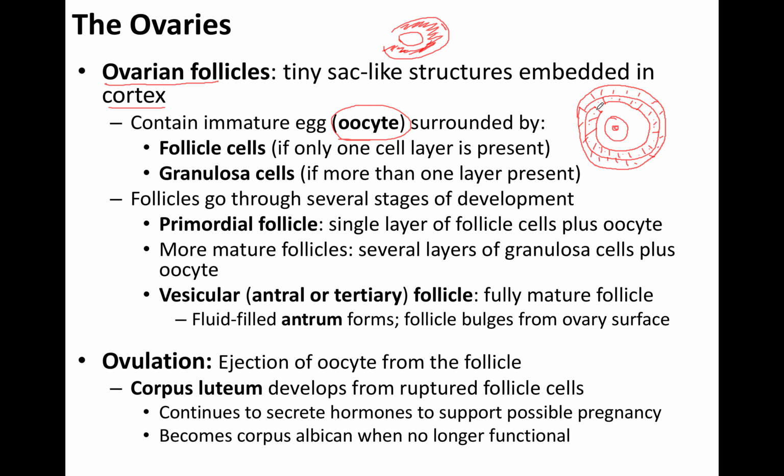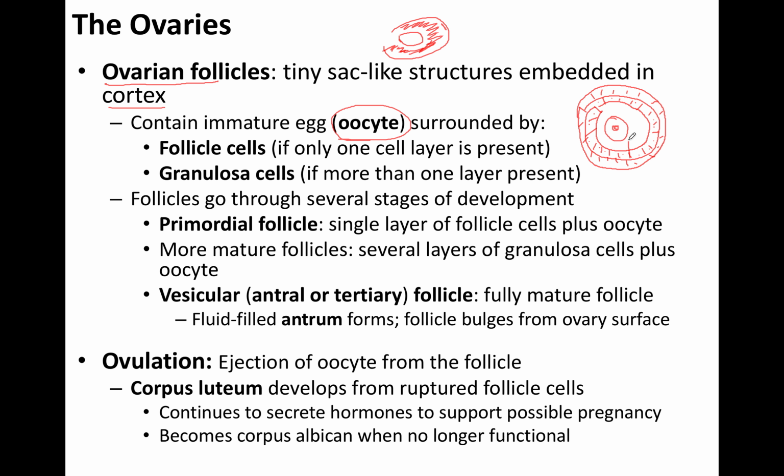Okay? That's kind of what you want to understand. There's a lot of other stuff going on here. If you have more than one layer, you have the granulosa cells. This is going to start to form a fluid-filled area called the antrum. And that fluid-filled area is going to allow for the oocyte to actually be ejected out of the follicle.